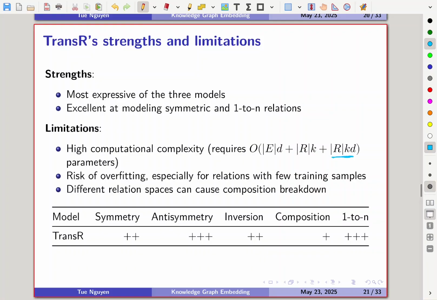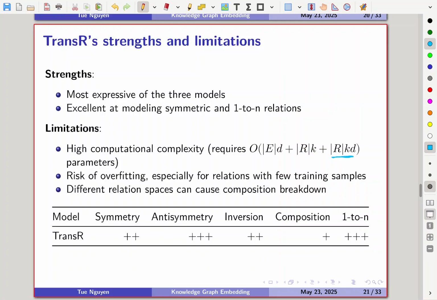Here you see this is the additional term introduced to the complexity. It also has a risk of overfitting, especially for relations with very few training examples. And different relation spaces can cause a composition breakdown, the same as in TransH.